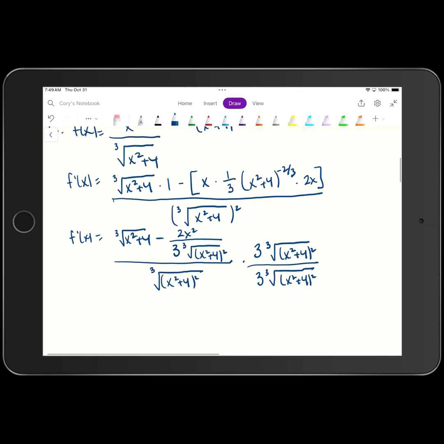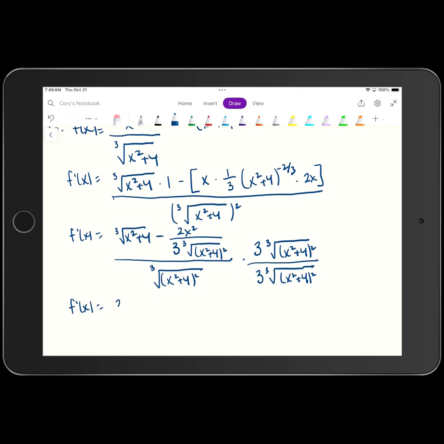Okay, so when I distribute that in the numerator, we get f prime of x equal to the cube root of x squared plus 4 times 3 times the cube root of x squared plus 4 squared, which gives me 3 times the cube root of x squared plus 4 quantity cubed. The cube root and cube cancel one another out, so that just becomes x squared plus 4. So we have 3 times the quantity x squared plus 4.